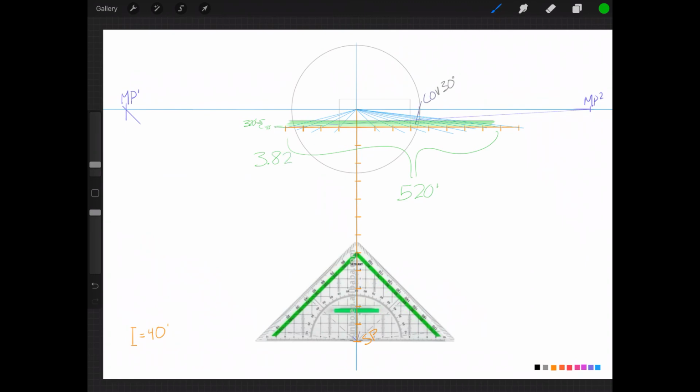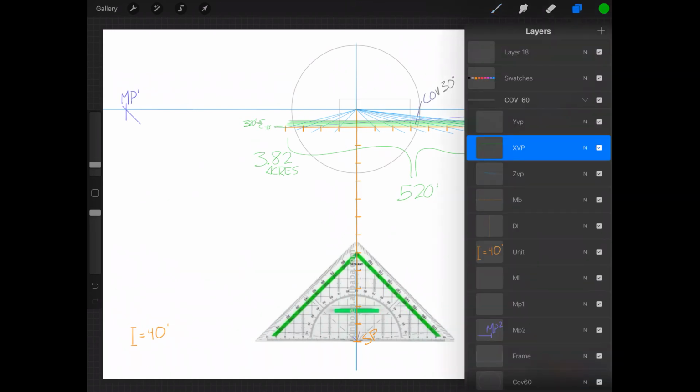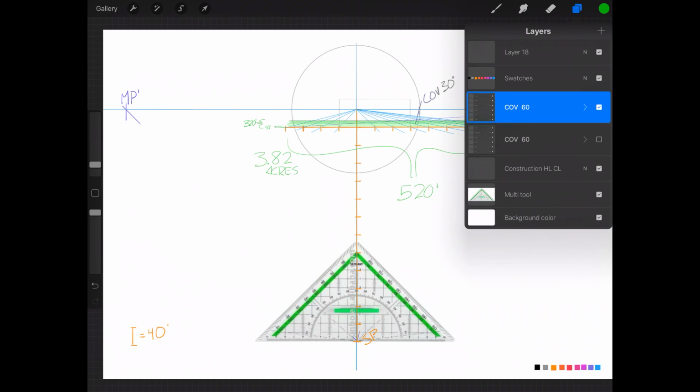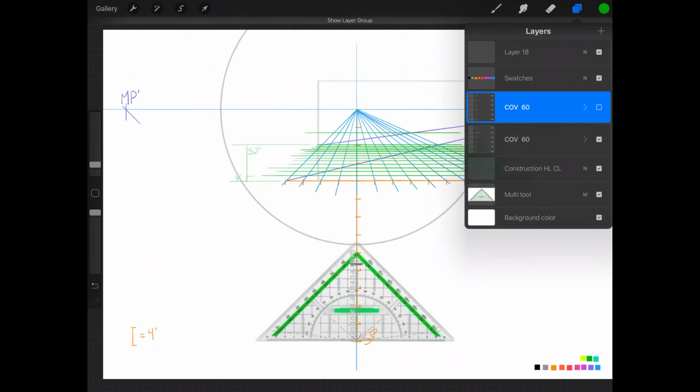3.82 acres. I'm not sure if you've ever seen an acre or been on an acre of land, but this is 3.82 acres in this small space. Many things can fit on an acre.